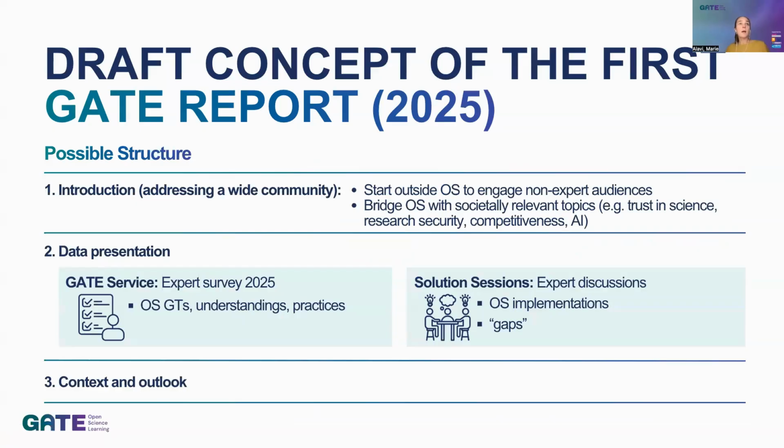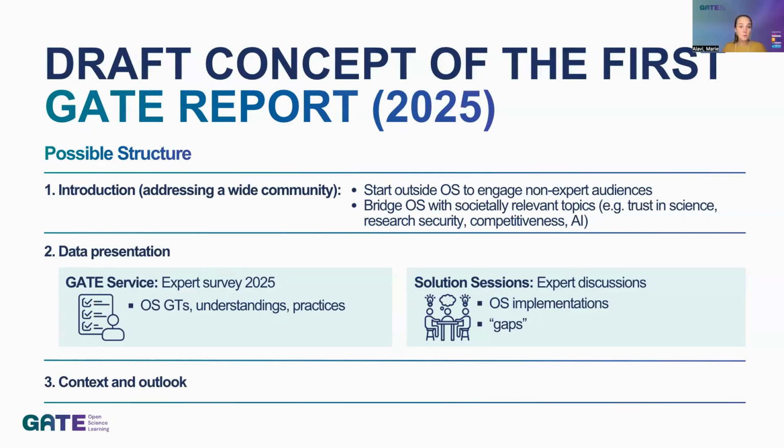We thought about three main parts of the GATE report. We would like to introduce the community, open science experts as well as newcomers to the topic of open science, and therefore we would like to start with explaining open science out of the open science bubble. And bridge open science with societally relevant topics such as AI and research, data security, trust in science, and so on.